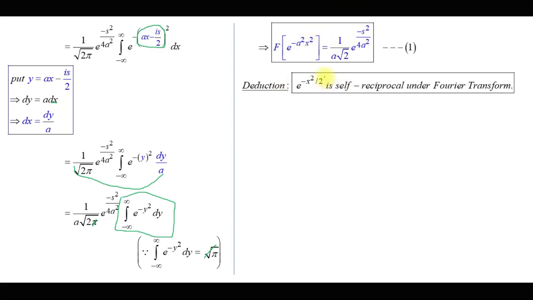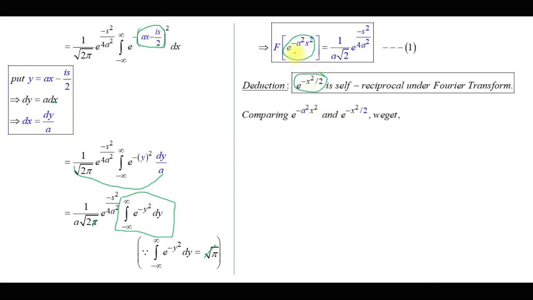So now compare this with this one. Here minus, here x square, here 1 by 2, here a square. Therefore, we have to take a square equal to 1 by 2.